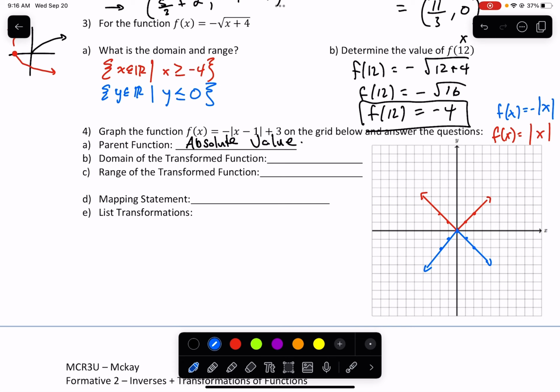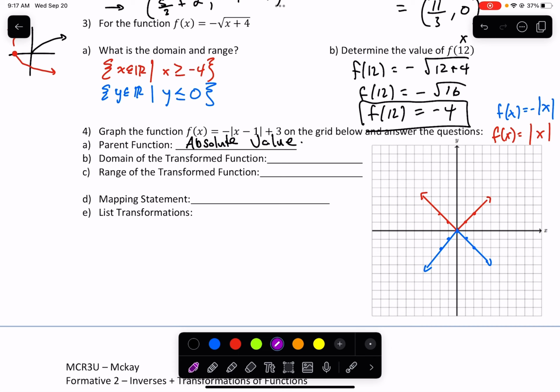Now we're going to move the graph. This will be the purple one. What's happening? You can give me both translations at the same time, Sophie. Moved horizontally 1 unit right, and then 3 units up. That's perfect. Okay, 1 unit right, 3 units up.